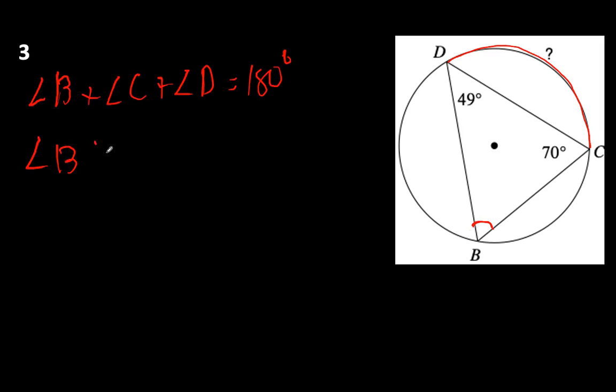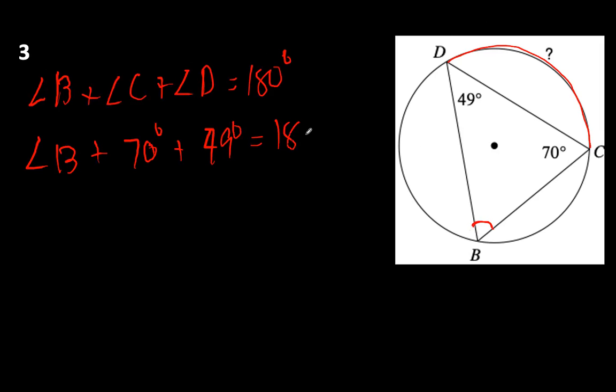Now, since this is a triangle, we know that the sum of the angles of the triangle is equal to 180 degrees. So that's angle B plus angle C plus angle D is equal to 180 degrees. And angle B is unknown. Angle C is equal to 70 degrees. Angle D is equal to 49 degrees.